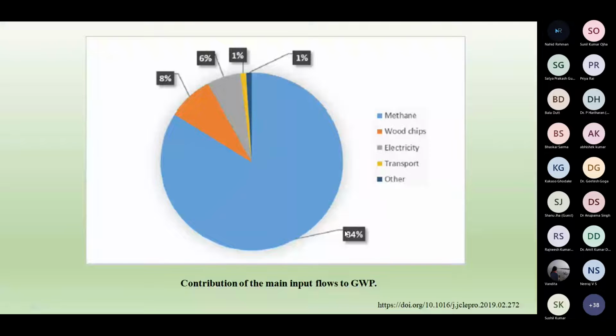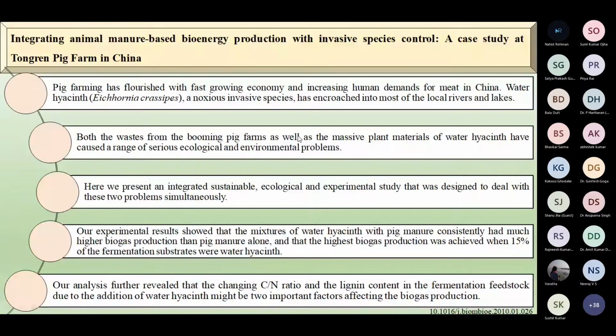It is 84% methane, and this one is the small wood chip you obtain. 6% electricity you can get, and for transport they used 1% of it and some other purposes. This one is a case study at the Tongren pig farm in China.